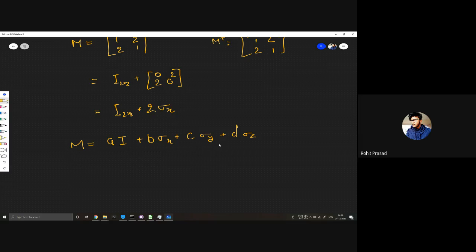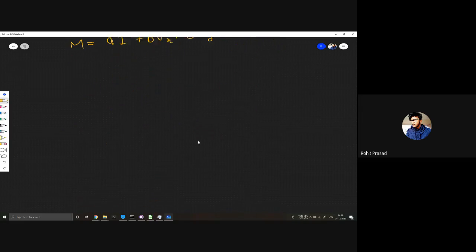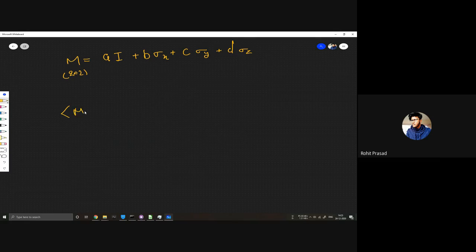Okay, so we'll work with this, taking an arbitrary 2 cross 2 matrix. To find the expectation value of this M, we need to have a psi, right?